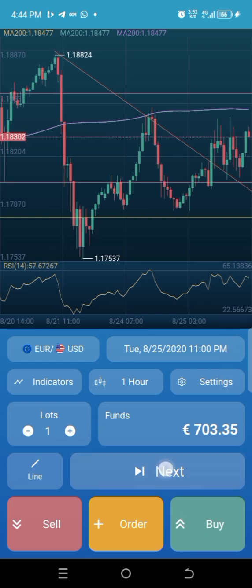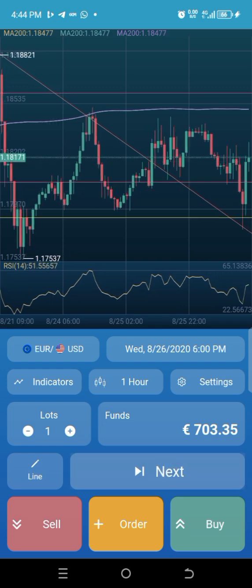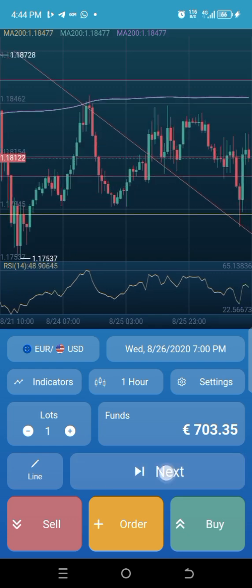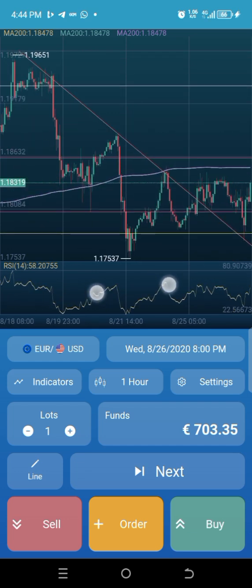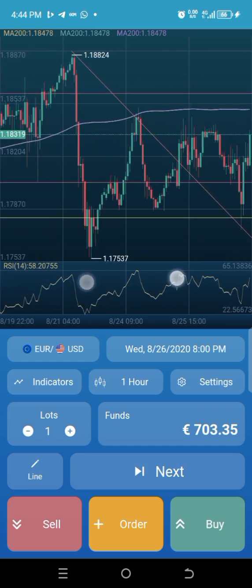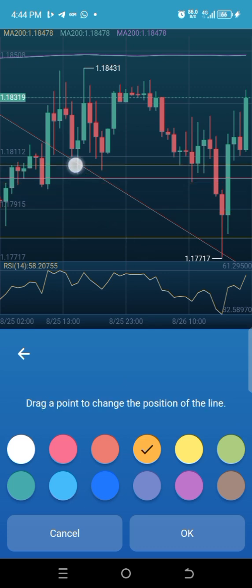Let's wait for price to go there. It has hit there. Debatable, really debatable entry. It's quite far from my area of interest. My stop loss would actually be here. Not too far from there.